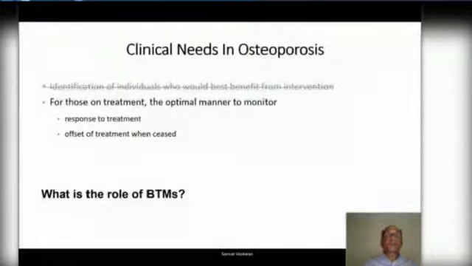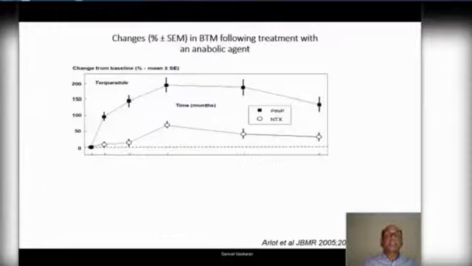They're really used for monitoring treatment and cessation of therapy. But you need to know the change in bone turnover markers following treatment to assess how well treatment is working.